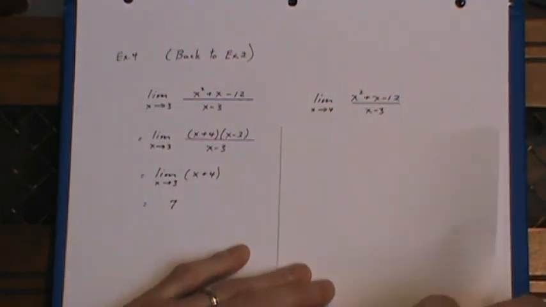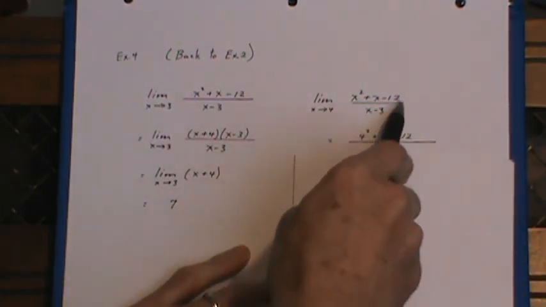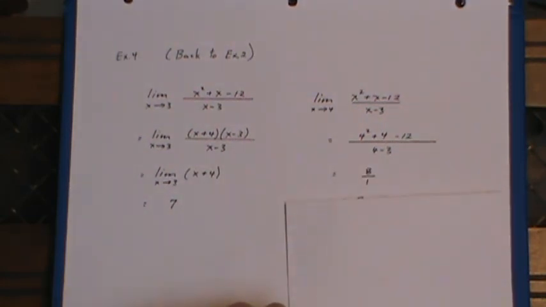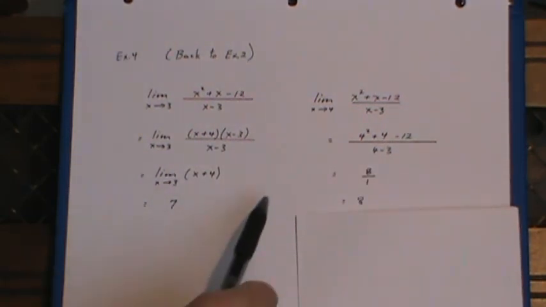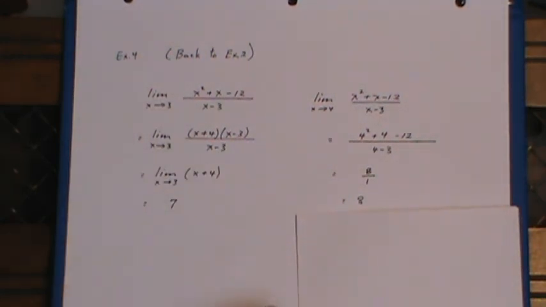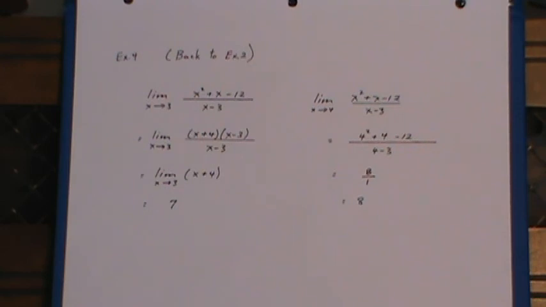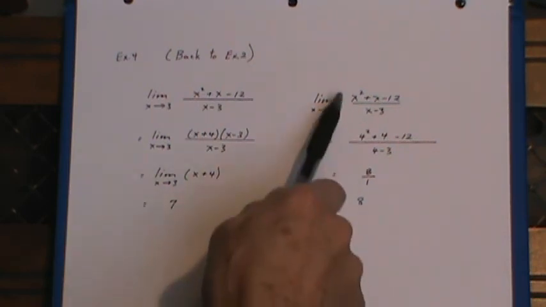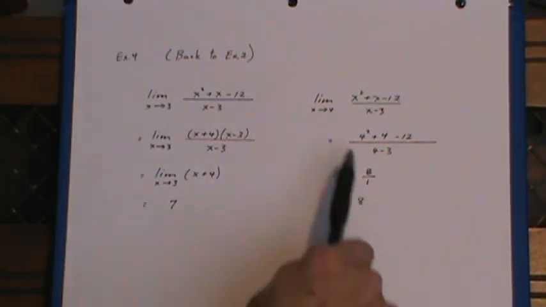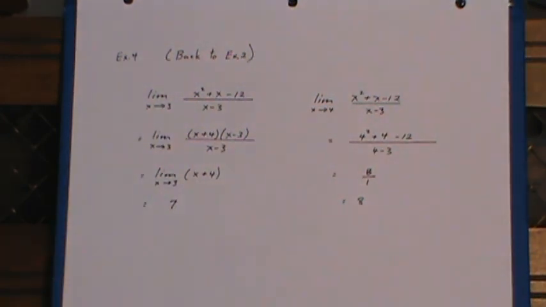Whether I put the 4 in right here and get 8 over 1, which is 8, or put the 4 in over here and get 4 plus 4, which is 8, it really doesn't matter. So watch out for cases like that where there isn't a problem. If there's no problem, if this is what we call continuous at that value, then you don't have to do any extra work. You just plug the number in and get your answer.